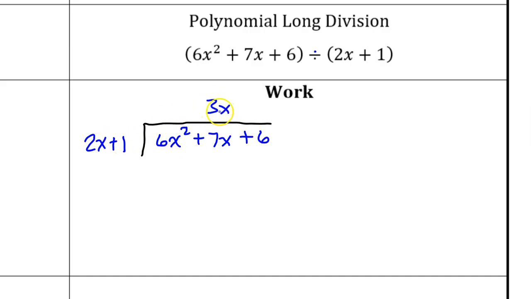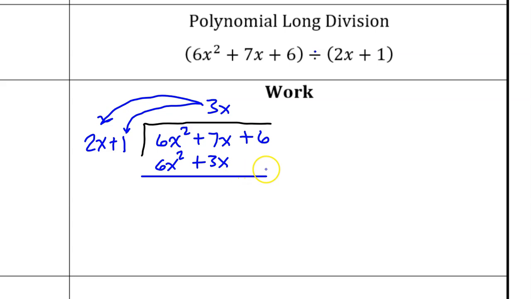Think 2x times 3x makes 6x squared. Anyway, then you take the 3x and you multiply it times 2x plus 1. Distribute. So that will give us, of course, the 6x squared that we targeted, but also 3x times 1 is 3x, which goes like this. But then you subtract.